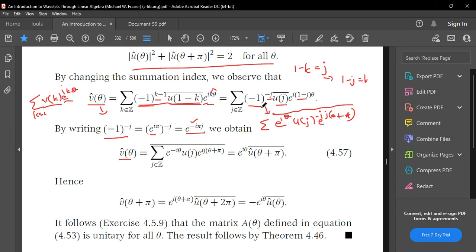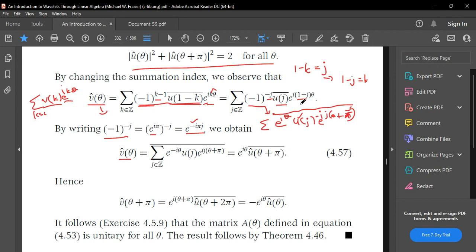This can be written as minus 1 raised to minus j, e raised to minus I pi j, with theta plus pi here, and u of j, e raised to minus I j theta.